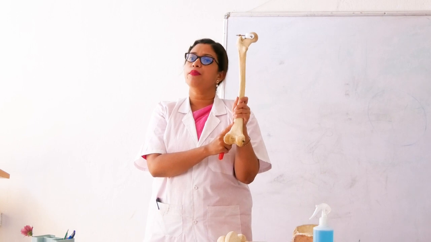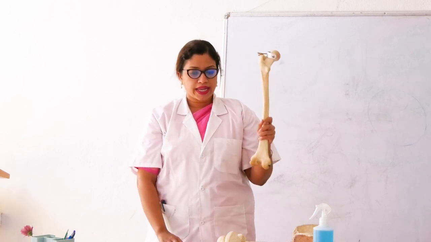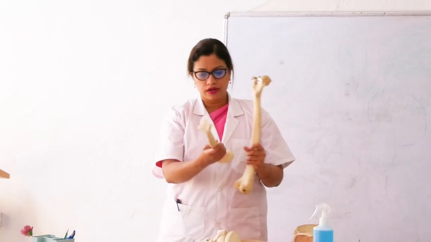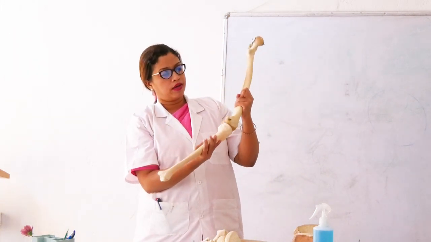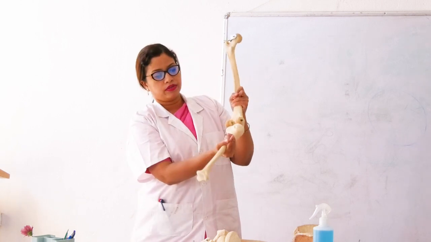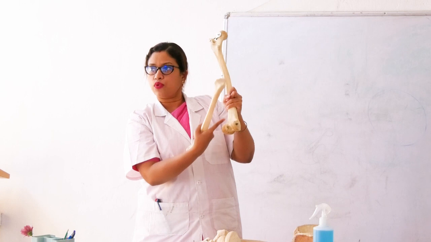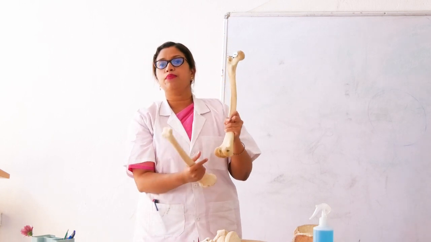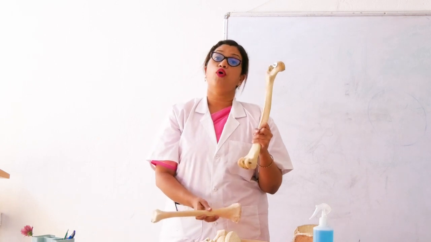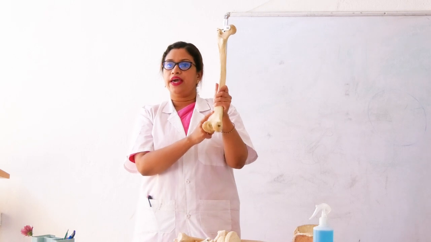If you take the two bones together, the tibia and the femur, you get one diamond shaped area, one triangle here and one triangle there. This forms the floor of the popliteal fossa. This is the popliteus, so popliteus takes origin here.